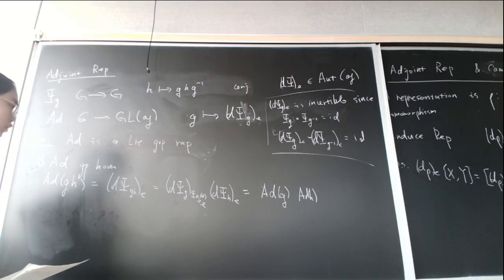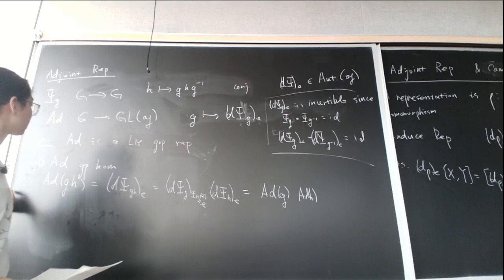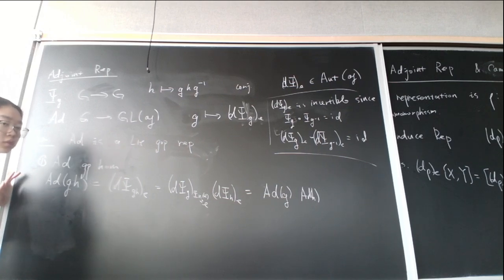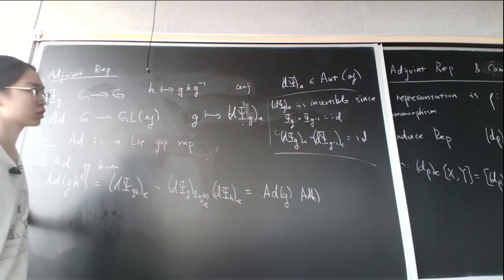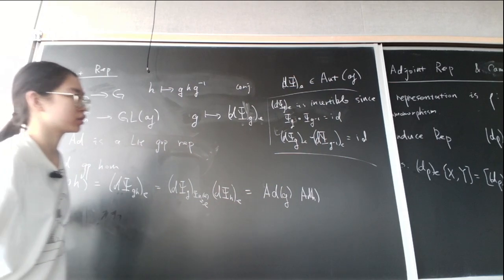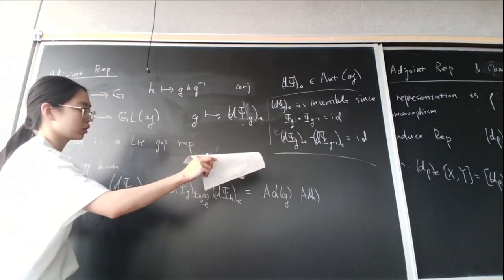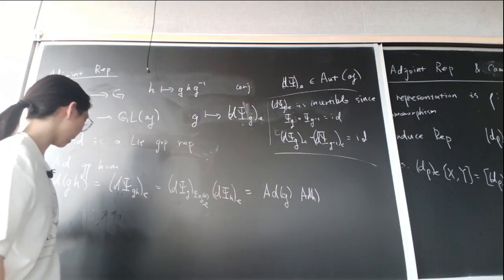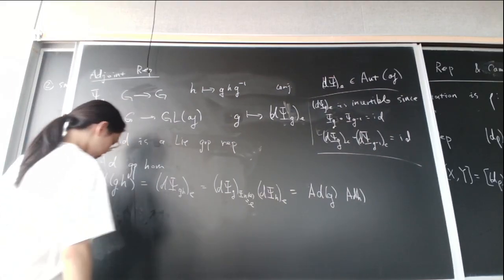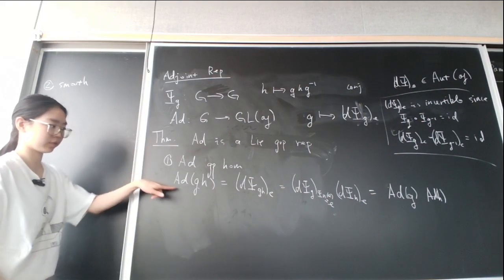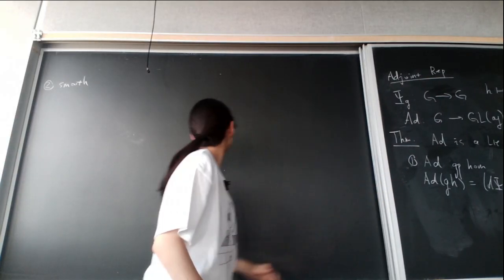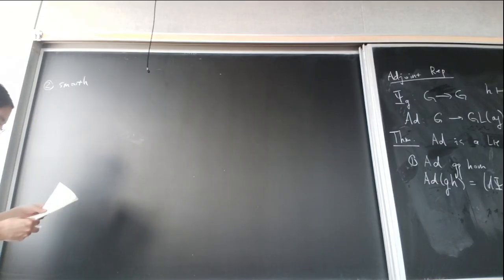We already showed that AD of the inverse is the inverse, so it's okay. I think one of them is sufficient: either show that AD of the inverse is the inverse of AD, or show that identity goes to identity. One of them implies the other. Yeah, you're right.